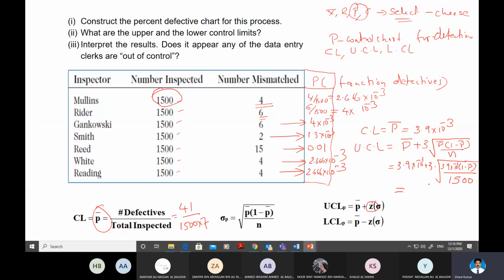Can you find the value of the upper control limit? Is that clear how I substituted the values? It is direct. Sigma is sigma p here, so you can directly substitute and get the values.